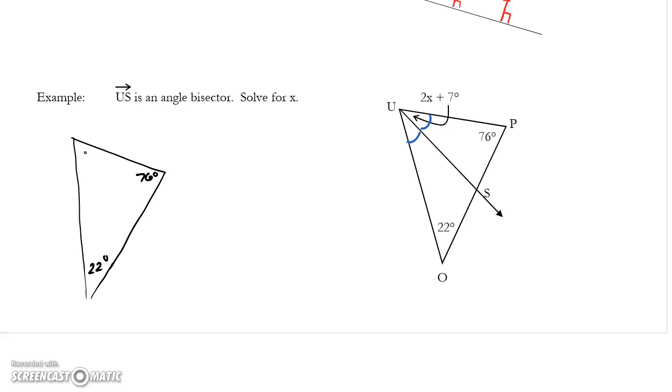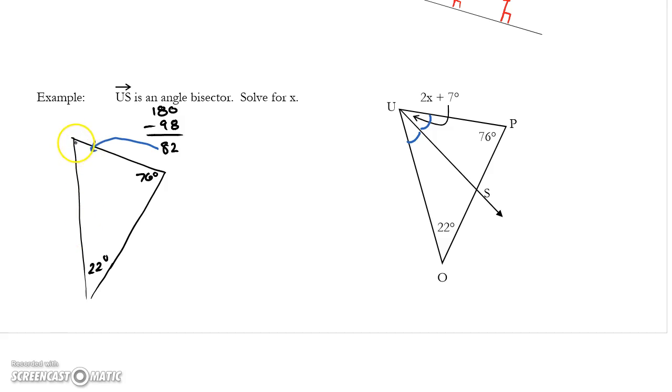So I know that 22 and 76 is 98. So 180 minus 98 is 82. That means this is an 82-degree angle.